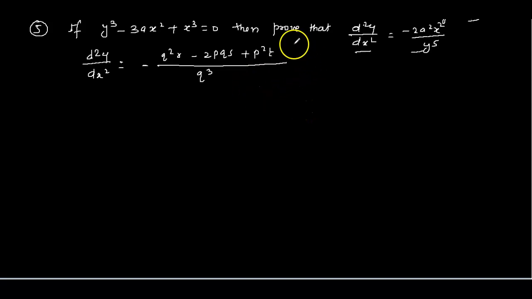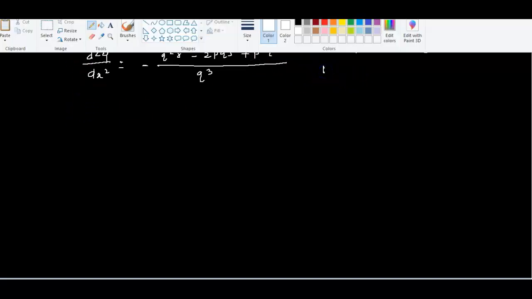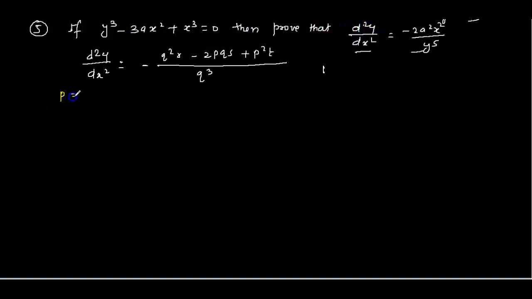So directly we will use this formula for finding the second order derivative of the implicit function, where p, q, r, s, t are all defined. I will write in different colors here. So p is equal to del u by del x.